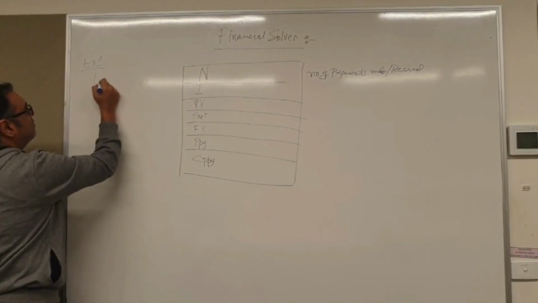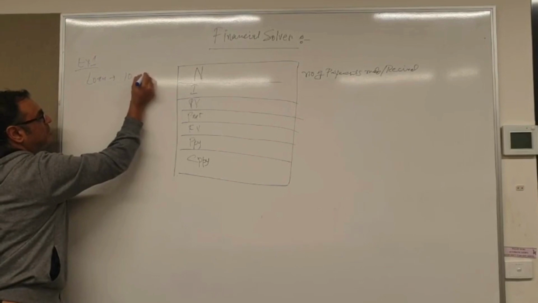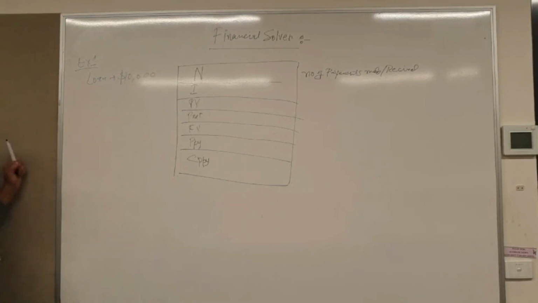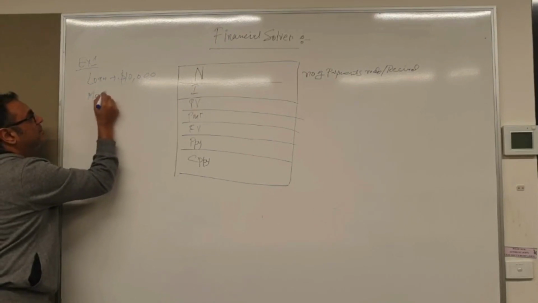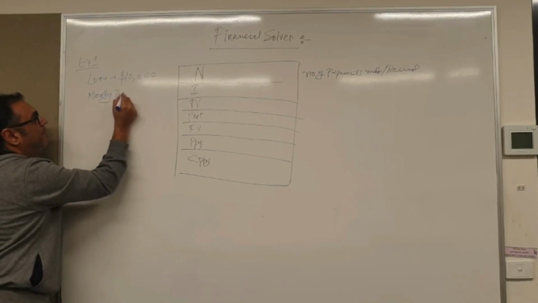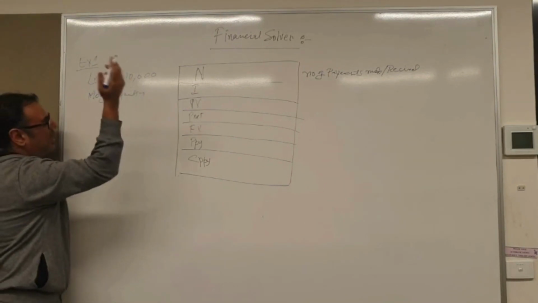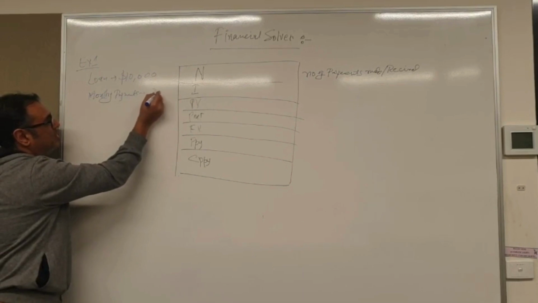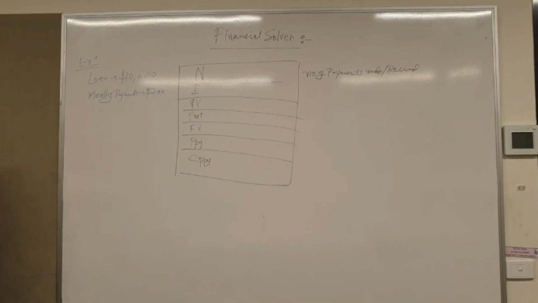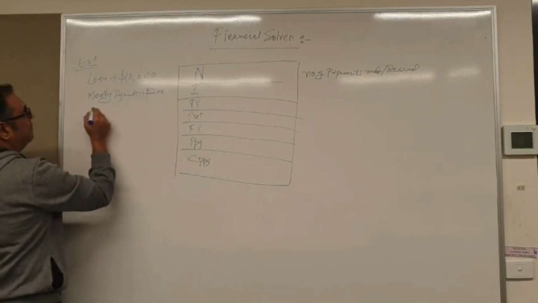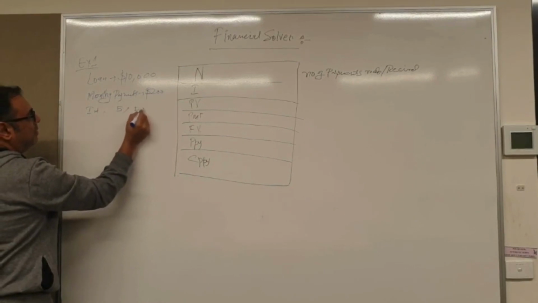Someone's taken a loan of $10,000. They're paying monthly payments of, hypothetically, let's say $200 per month. I'm just making it up. Interest charge is at 5% per annum.